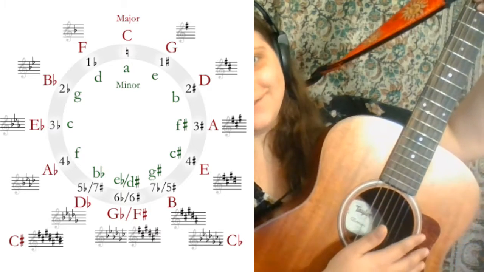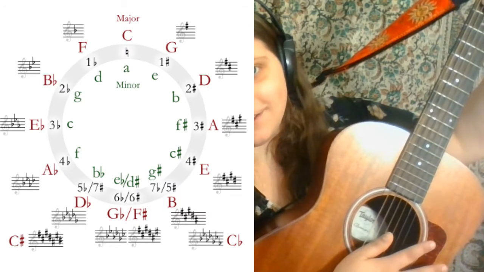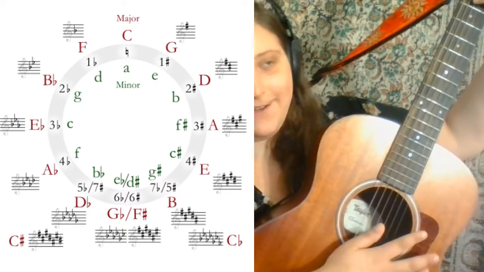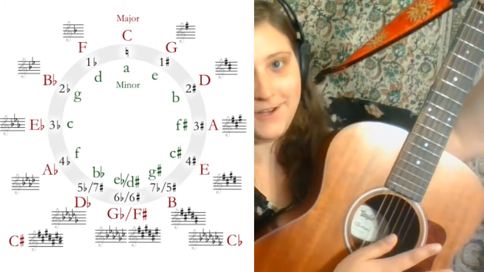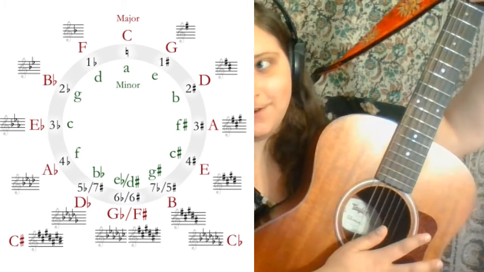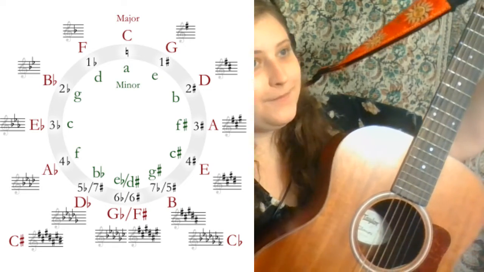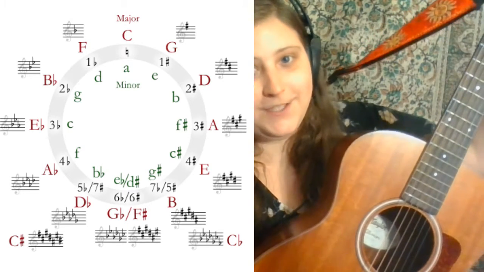G flat, right? Because if you went down from G, you'd come to F sharp because F sharp and G are a 1/2 step apart. So you're going down a 1/2 step from G. So there you go. You come to F sharp. It's also G flat. Same sound, different name.